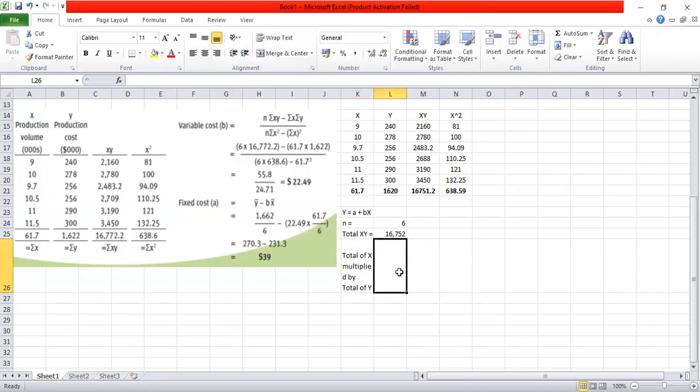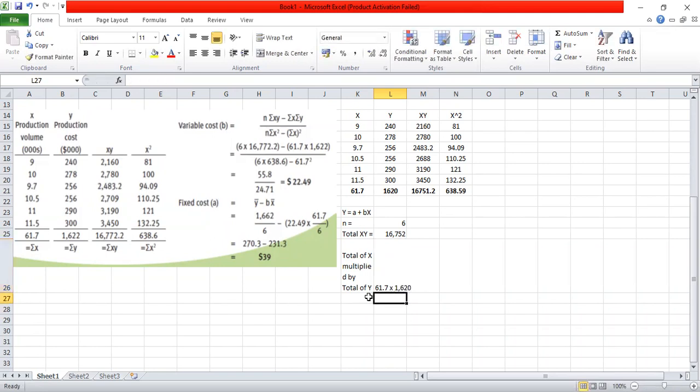So sigma x into sigma y will be 61.7 into 1620.